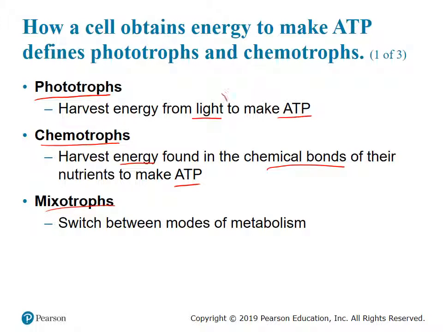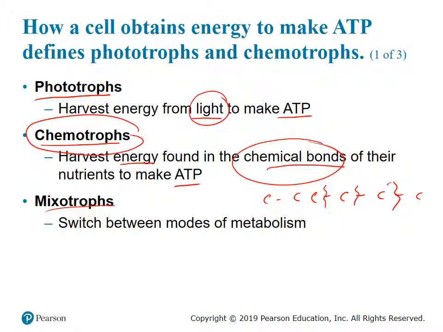Again, the keyword: phototroph, light; chemotroph, chemical bonds. If I'm breaking down carbon, like catabolism, cellular respiration, then I'm a chemotroph, right?